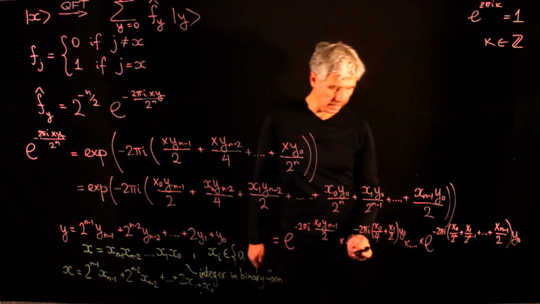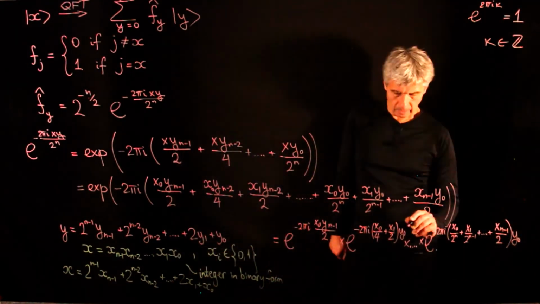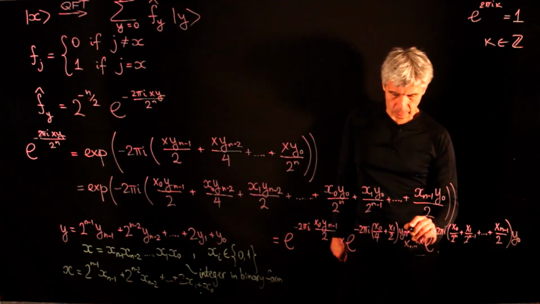Right? So now we have a product of exponentials. Now this should be n minus 2 here.